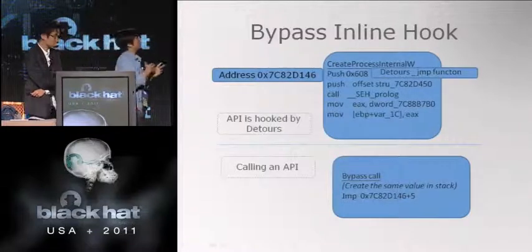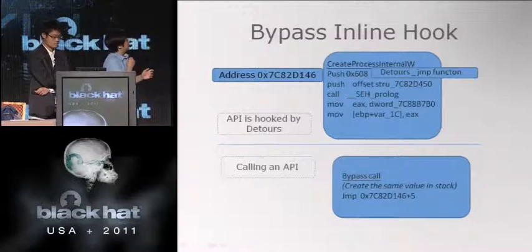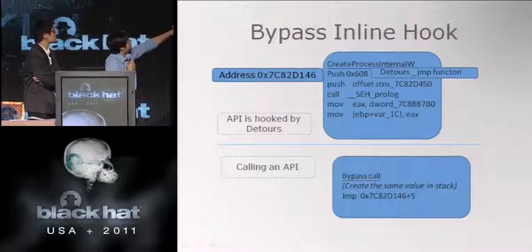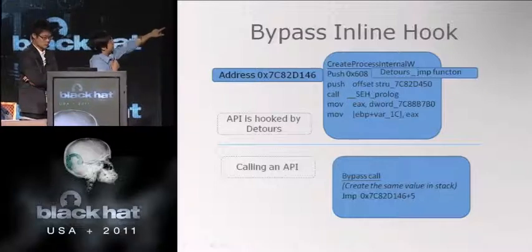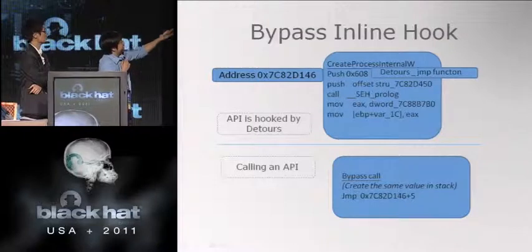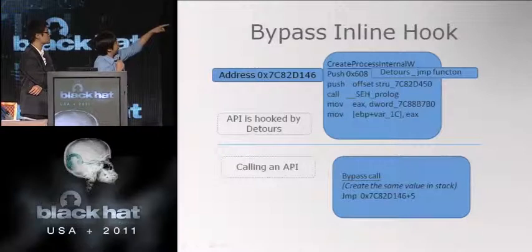Here is a picture that shows the example. On the above part, this is the function which is hooked by Detour library, and Detour will set a jump in the beginning bytes of the function.